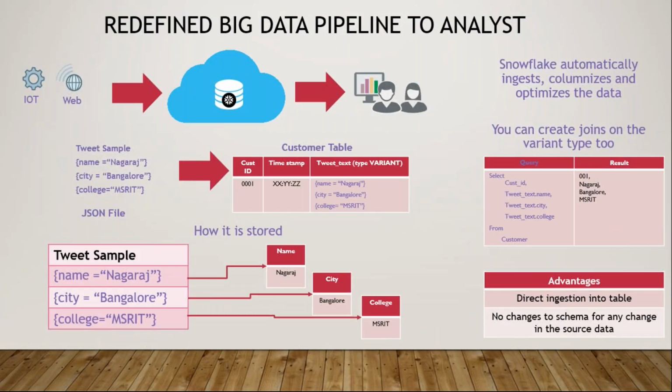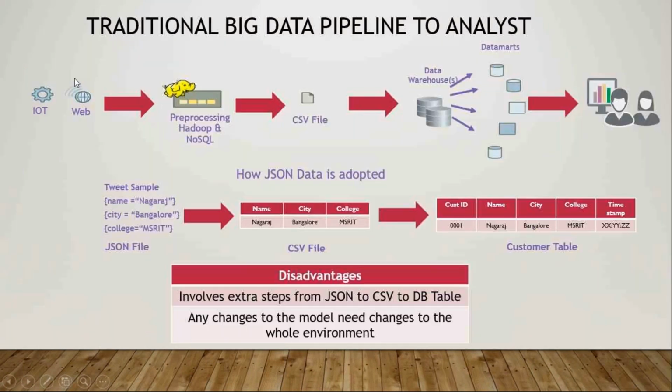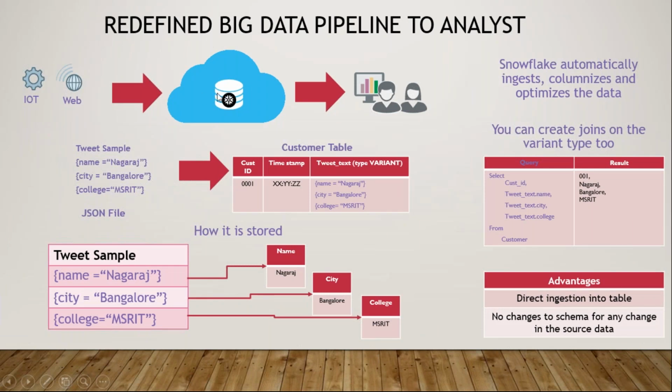So how do we mitigate that issue using cloud solutions? Let's take Snowflake as an example. It's the same thing, just replaced with Snowflake here. Same tweet example, and you directly feed it into the customer table. In the previous slide I was mentioning a DB feature, correct?